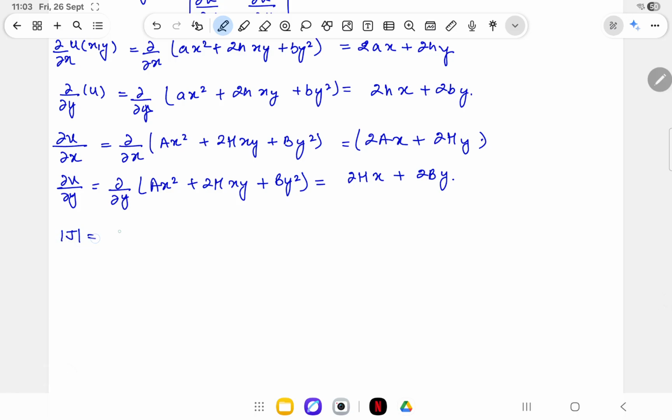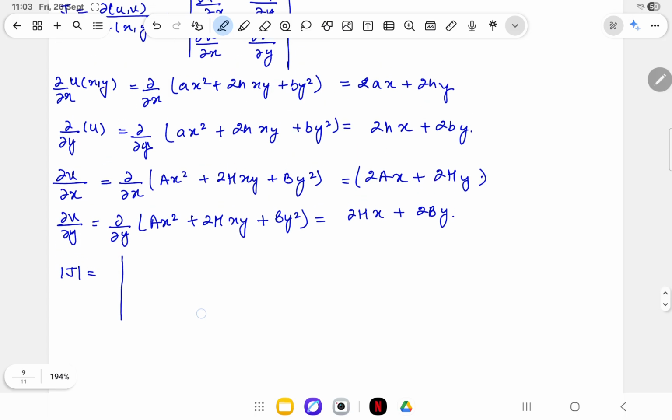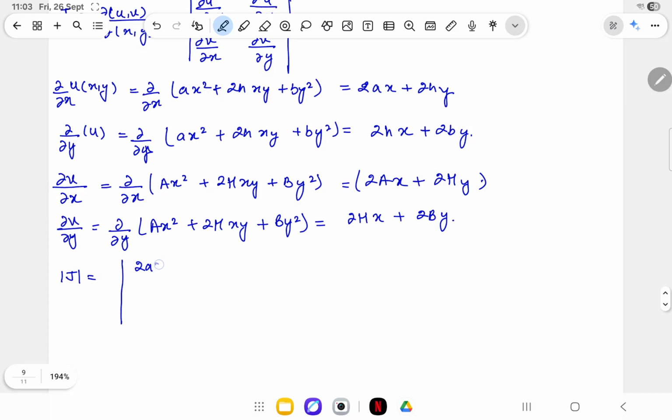So the Jacobian will be 2ax plus 2hy, 2hx plus 2by, and here it will be 2 capital A x plus 2 capital H y and 2 capital H x plus 2 capital B y.